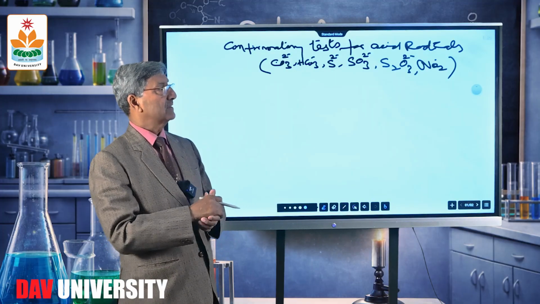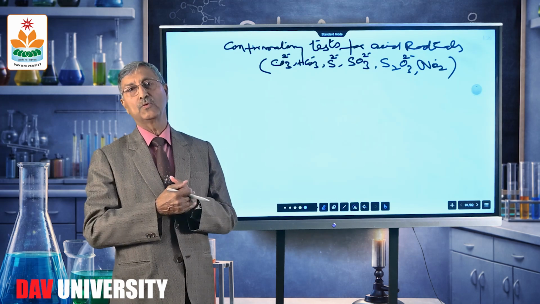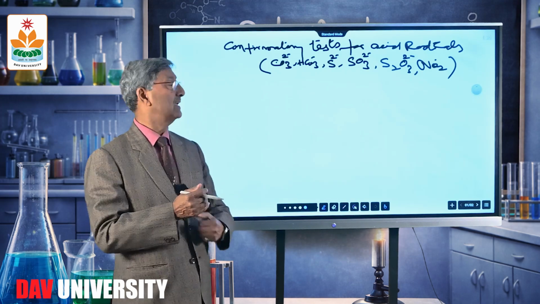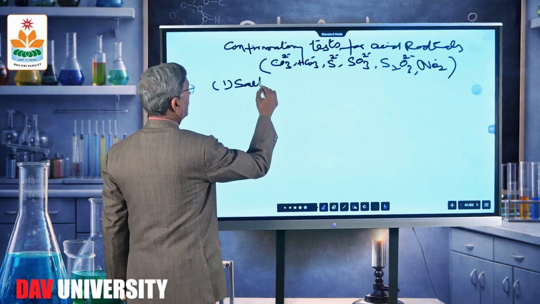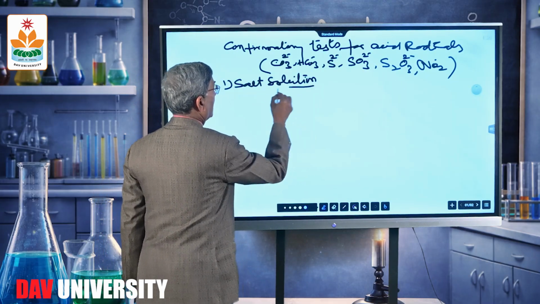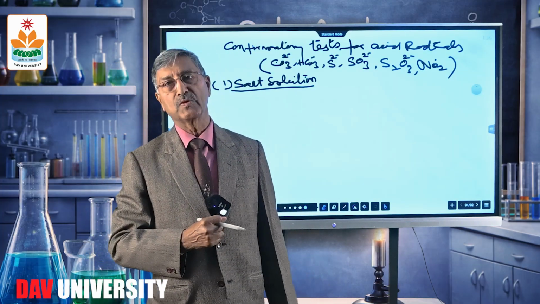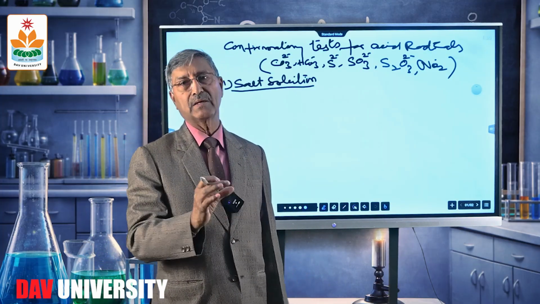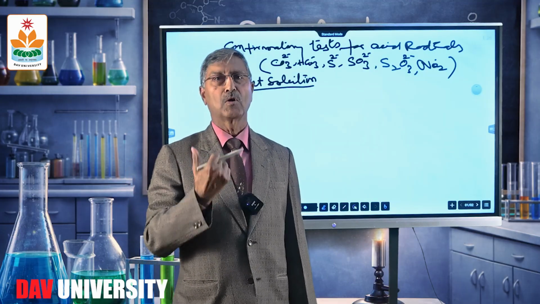You see, there are three types of solutions which we use for the analysis of the acid radicals. First is salt solution. Salt solution means we take about 1 to 2 grams of the salt and we shake with about 5 to 10 milliliters of distilled water, warm a little, and the salt dissolves.